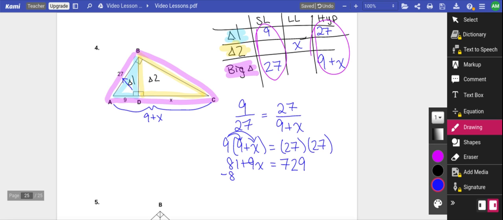Now for this one, I'm going to subtract 81 from both sides. When I do that, I get 9x is equal to 648. And to solve for x, dividing by 9, x is equal to 72.